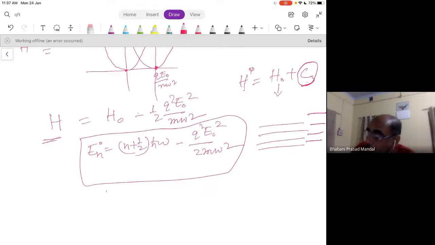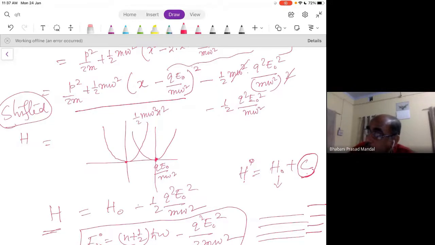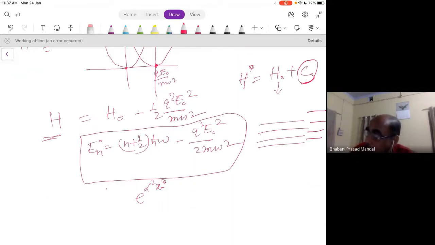The eigenfunction, if you write it in terms of alpha square, now this x will be x minus q E0 by m omega square. So it is x minus q E0 by m omega square, whole square, and then the Hermite polynomial Hn of alpha times x, just remember what alpha is, I forgot the value.